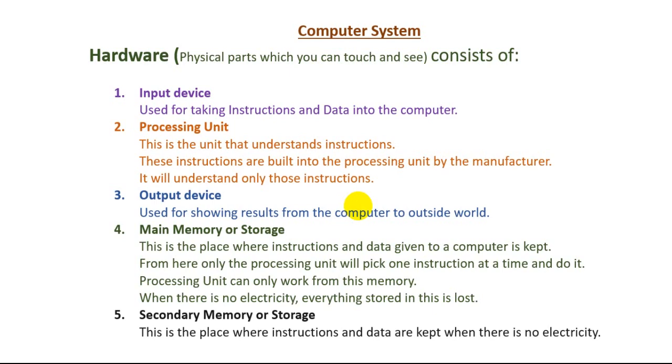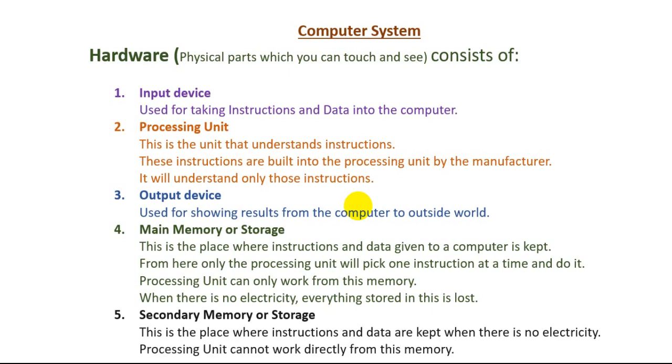What we do is we put it there when the processor needs to do those instructions, and for later use, we save it in the secondary storage, because the secondary storage has the capability to keep it even when there is no electricity. You know that, right? When you record a song or movie or any data or document or Excel sheet in your hard disk, even when you switch off the computer, it's still there. So that is the secondary storage, where we keep it for later use.